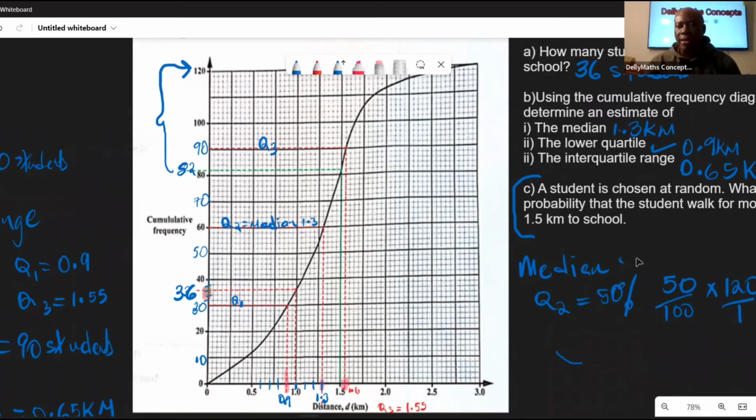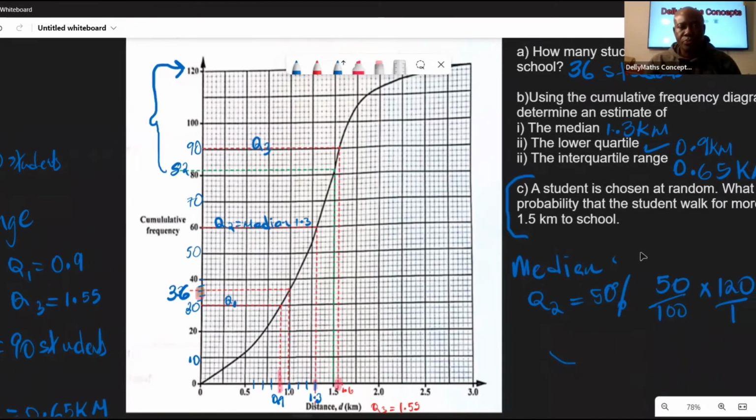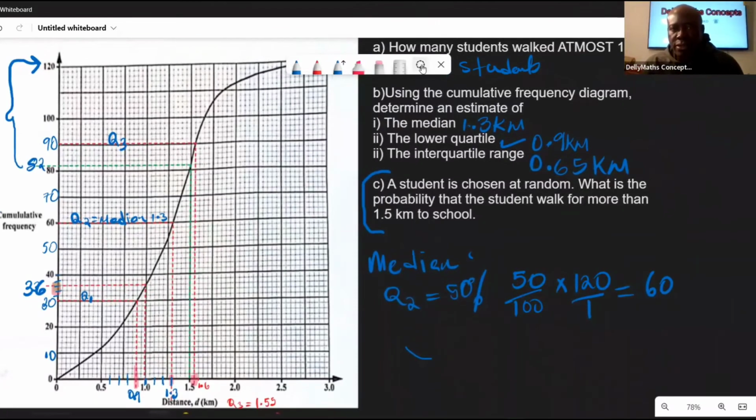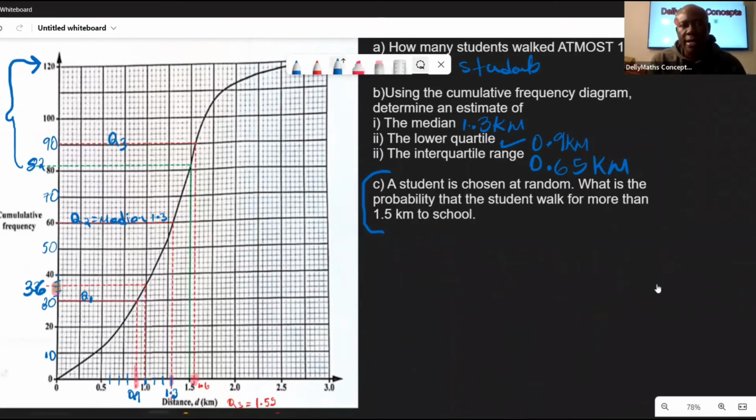To find that response, what we want to understand is that this is 120 at most, and then we subtract.